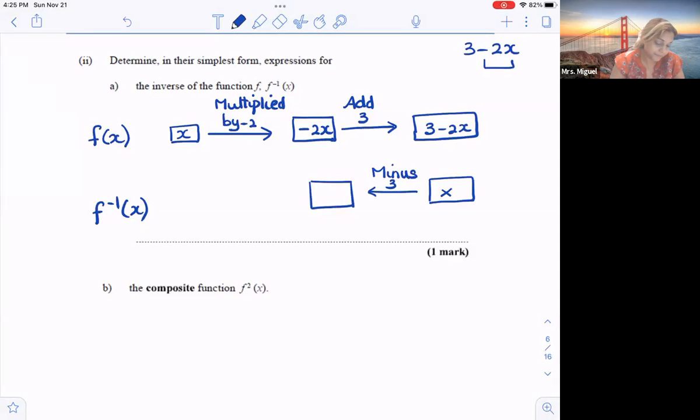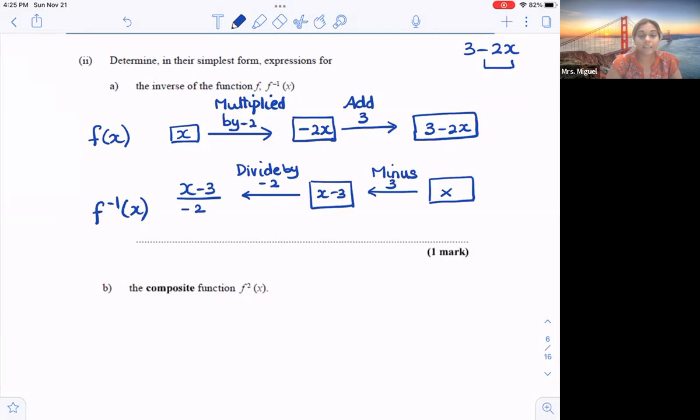Here I will have x minus 3, and the opposite of multiply by -2 is divide by -2. So this is going to be x minus 3 divided by -2.